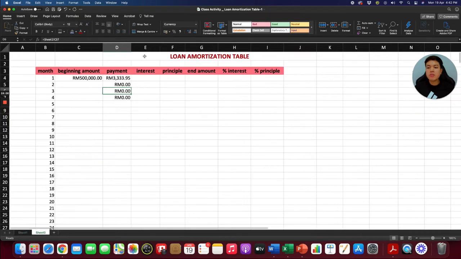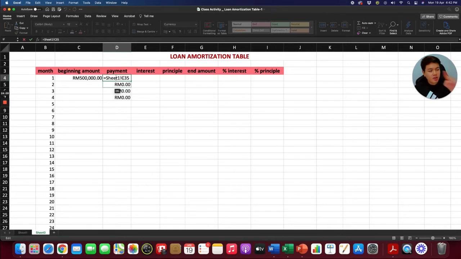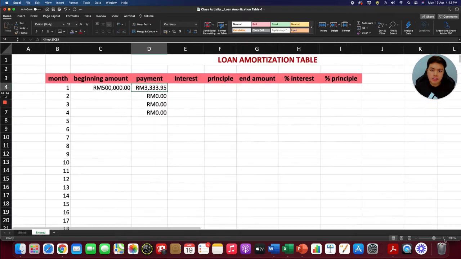So when you copy the cell here, you want it to be fixed. If you want it to be fixed, remember class, use the dollar sign for the cell. Before the column and before the row, you key in the dollar sign. Let me make it bigger for you.